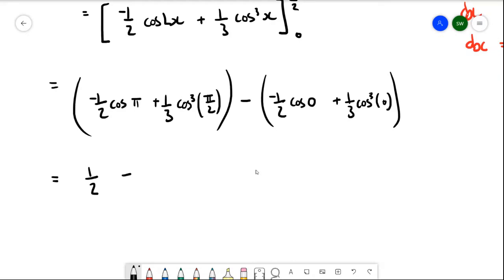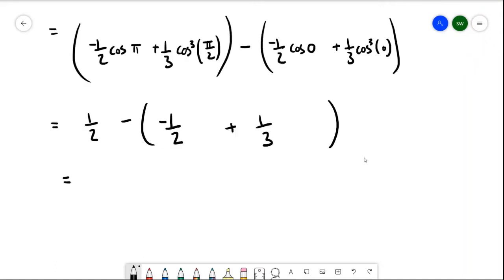And then we're going to have minus, cos of 0 is 1, so we're going to have minus a half times 1, which is minus a half, and a third times 1 is plus a third. So we're going to have a half, plus a half, and plus a third. Sorry, minus a third. If we expand that bracket out, we're going to have 2/3 as our answer.